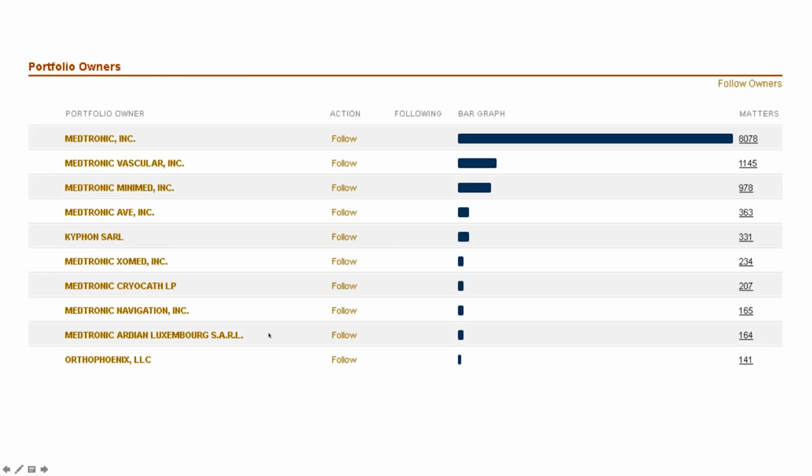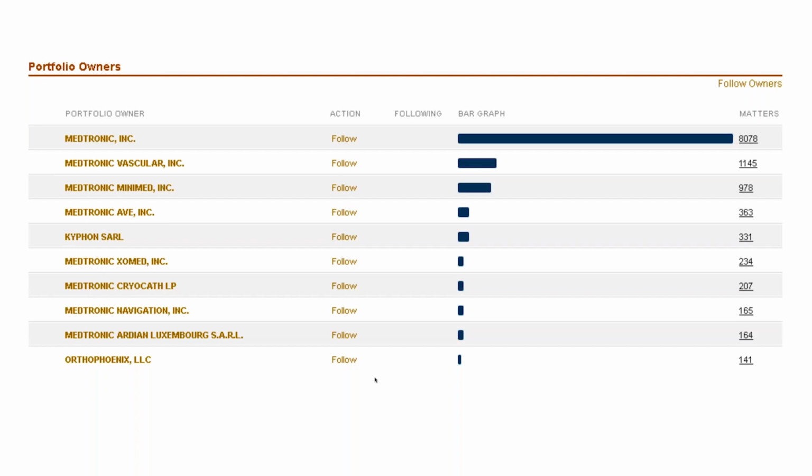So moving right along, this is just a screenshot, oops, two screenshots back. This is a screenshot of, as you can probably tell, Medtronic's portfolio as it was captured in time, I think, pre-COVID. As you can see, the ownership data breaks down in a number of different places. You have everything from an LLC, to limited partnerships and SARLs, which are also limited liability companies outside the U.S. And so we see a great deal of breakdown.